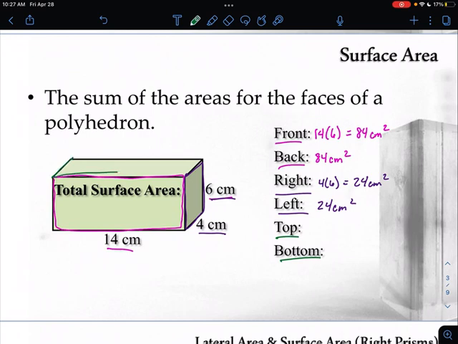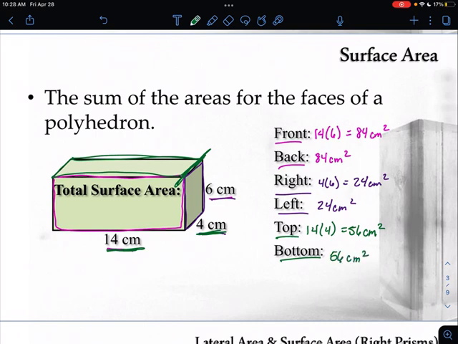If I highlight the top up here, it has the same length as the bottom piece, so 14 centimeters across, and 4 centimeters from front to back. We take 14 times 4 and get 56 square centimeters. The bottom must be the same size, so 56 square centimeters.